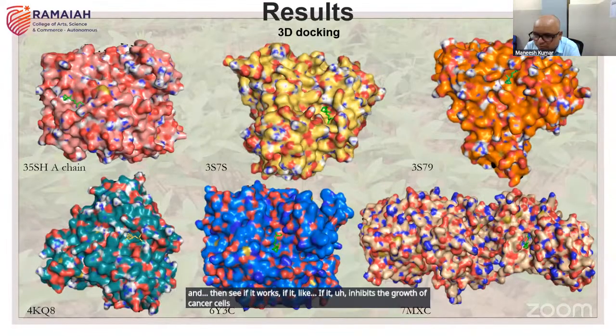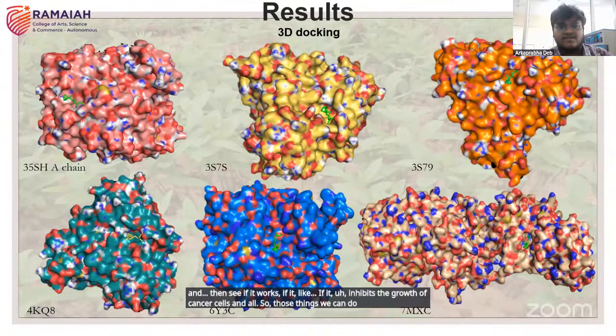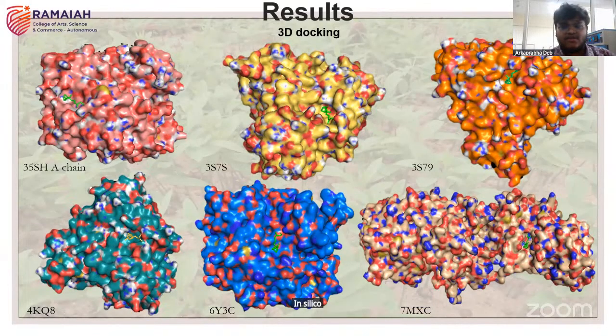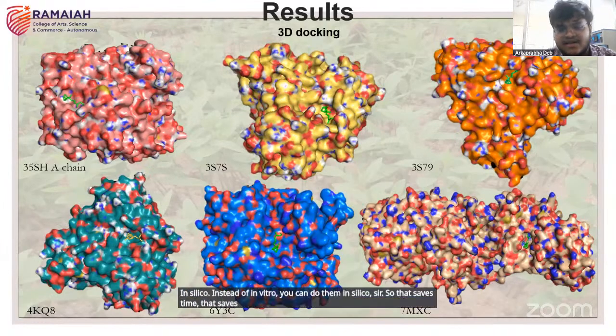Those things we can do in silico instead of in vitro. That saves time, money, manpower, everything, sir. So for that, we are doing the study.